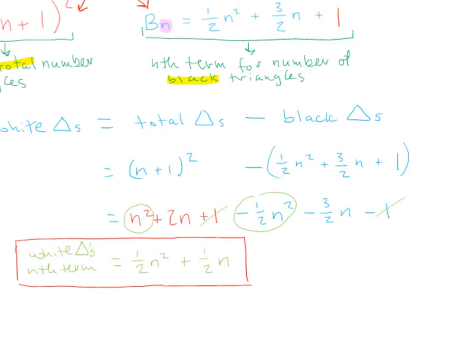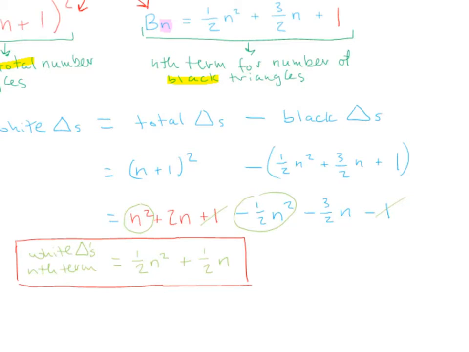So we have n squared plus 2n plus 1 minus a half n squared minus 3 over 2n minus 1. And don't let the fractions throw you off, because it is just simplifying. So the plus 1 and the minus 1 we can just cancel out. So 1 take away 1 is 0, so we can just get rid of them. We're not going to have 1s in our answer.